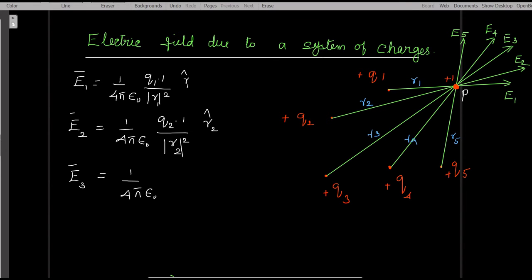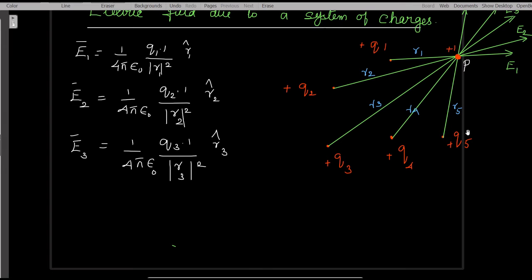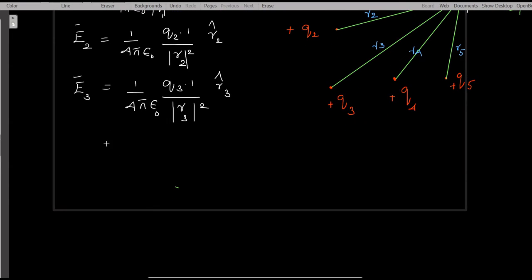E3 is equal to 1 by 4 pi epsilon naught q3 into 1 by r3 square into unit vector r3, and q4, q5 and all the other charges experience the forces or fields in a similar way, etc. So if n charges are there, the field due to the nth charge is represented as 1 by 4 pi epsilon naught into qn into 1 divided by rn square unit vector rn.